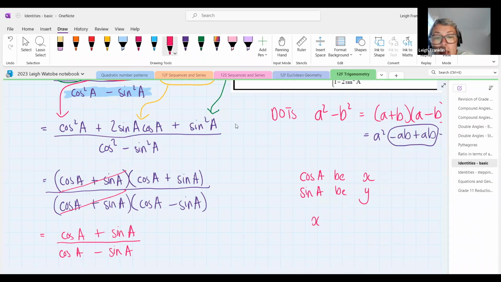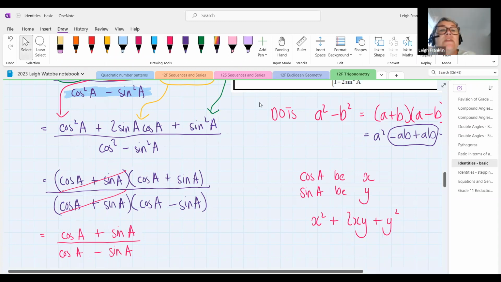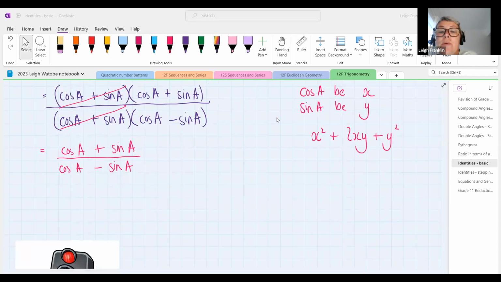So it would be x squared plus 2xy plus y squared. Okay, which is something I'm sure that you would have seen at high school before. Then we were talking about how would we factorize this?